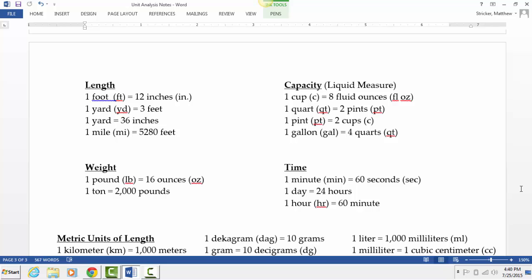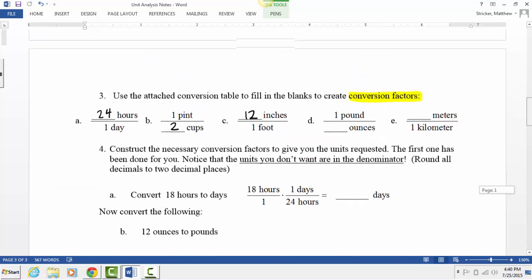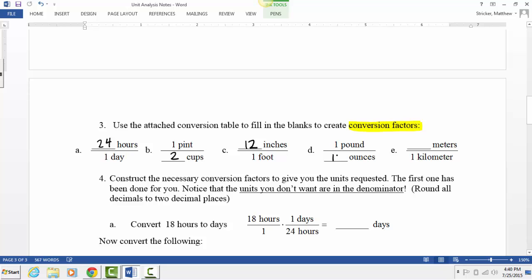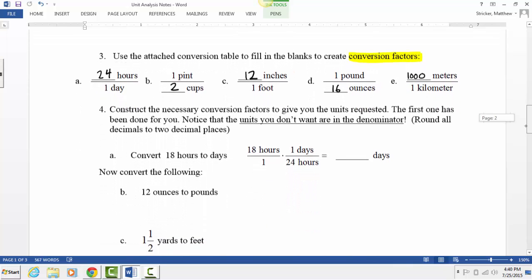You start to remember these. You'll see right here under weight, pounds has to do with weight. 1 pound equals 16 ounces. So 1 pound over 16 ounces. And then the last one, 1 kilometer is how many meters? It's 1,000 meters. Kilo means 1,000.